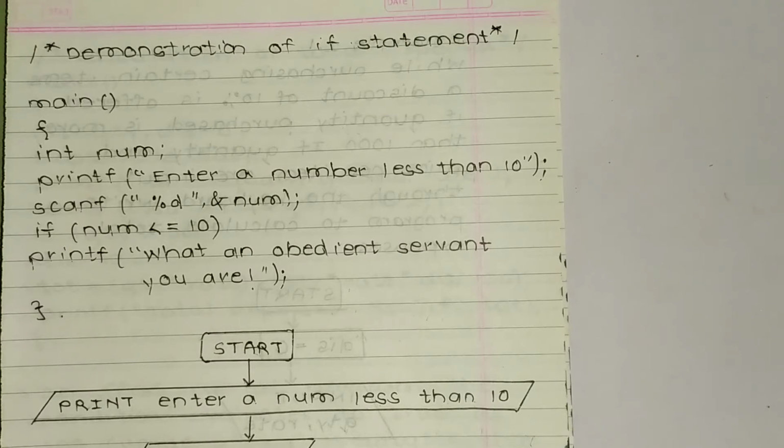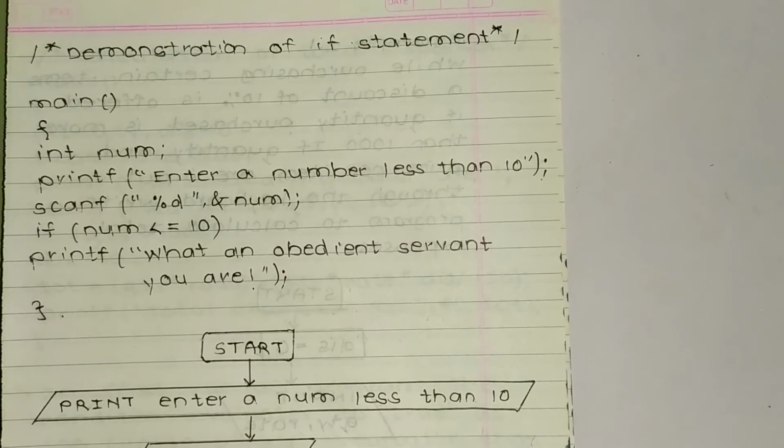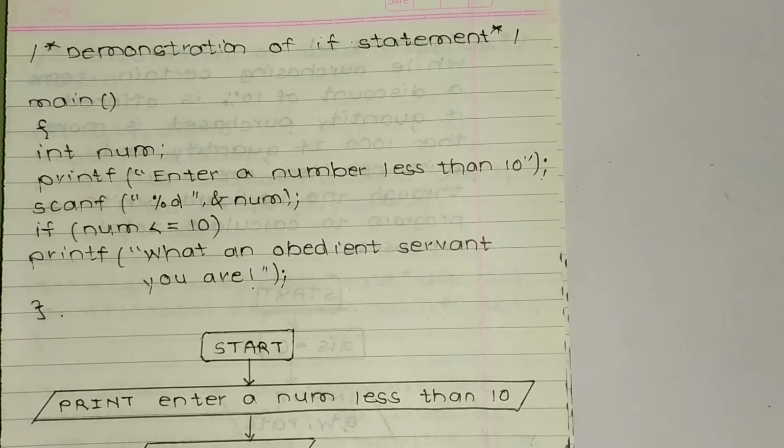So first we entered a number which is less than 10. Then we scanned that number using %d and ampersand num, that is the scanf function. Then we compared that number.